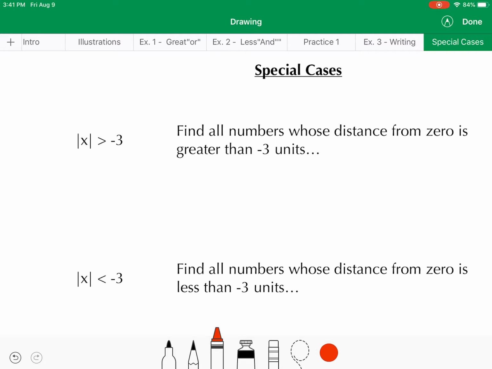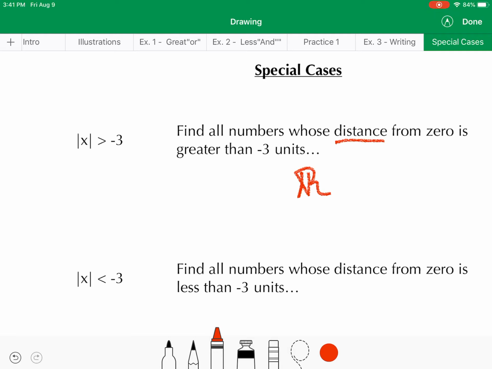It wants us to find all numbers whose distance from 0 is greater than -3 units. Well, think about this. Distance implies positive, right? So all these numbers will turn out to be a positive value no matter what. And positive numbers are always greater than negatives, right? That means our solution is all real numbers in this case.